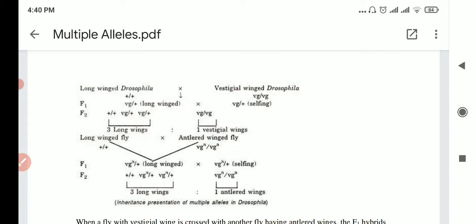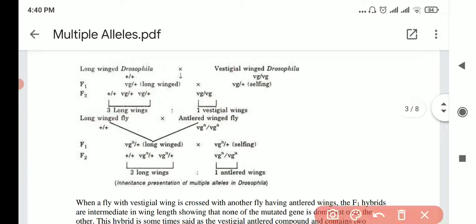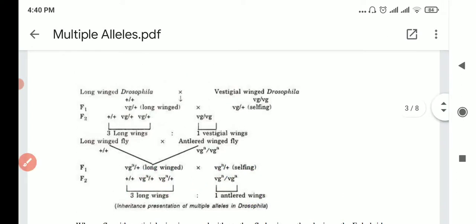Then see here, you are getting normal long wings. You are getting here again normal, because the dominant allele is there, the plus one, and only here this one is the antlered one, okay? So these are the experiments that they performed to show multiple allelism, okay?